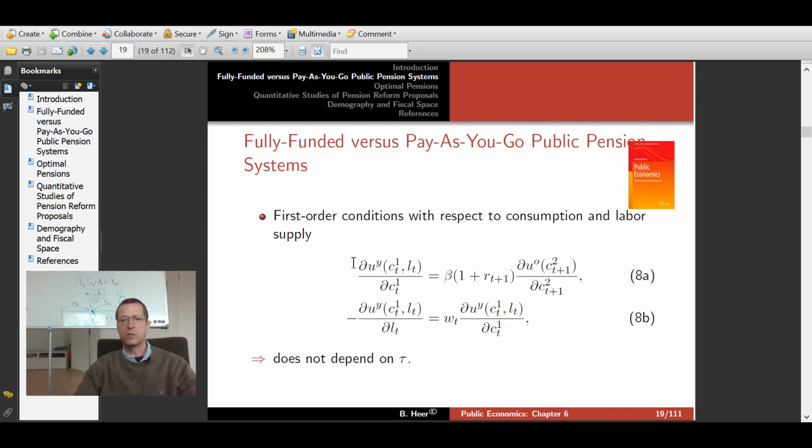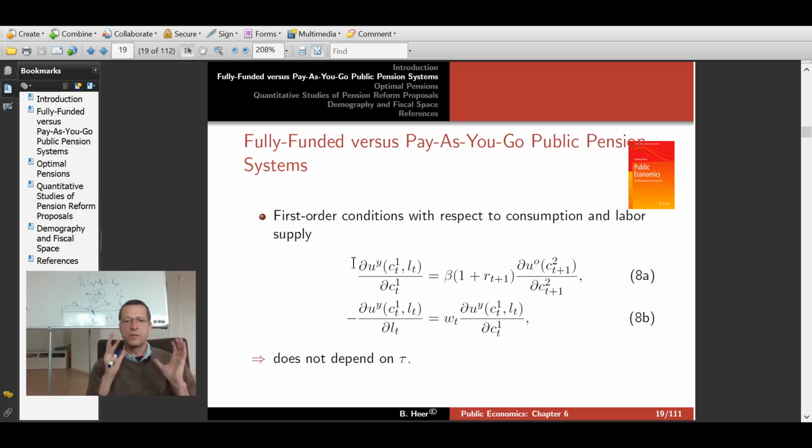And in the second equation, we have that the marginal disutility from labor should be equal to the wage times the marginal utility from consumption. So in equation 8b, I compare if I have 1 extra unit of leisure, this increases my utility by minus the marginal disutility of labor.